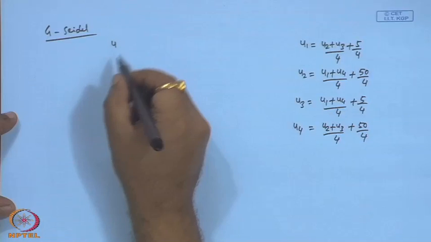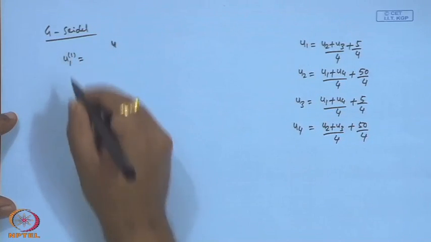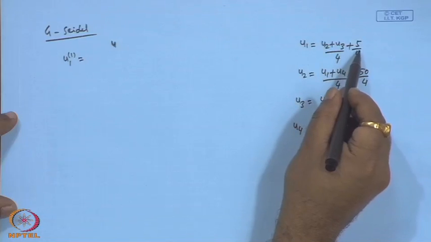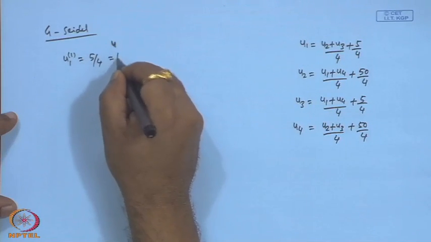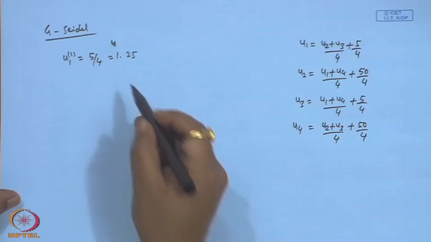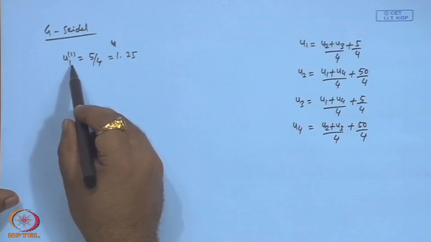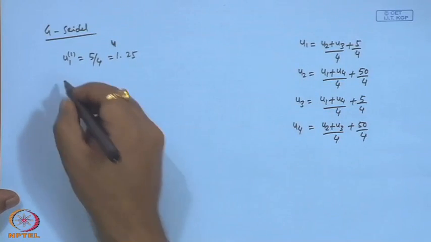Okay. So, with 0 0 0, when these are zeros, we get u 1 is 5 by 4. So, which is 1.25. Now, as you know, having obtained u 1 at the next level, we must use that to compute u 2.